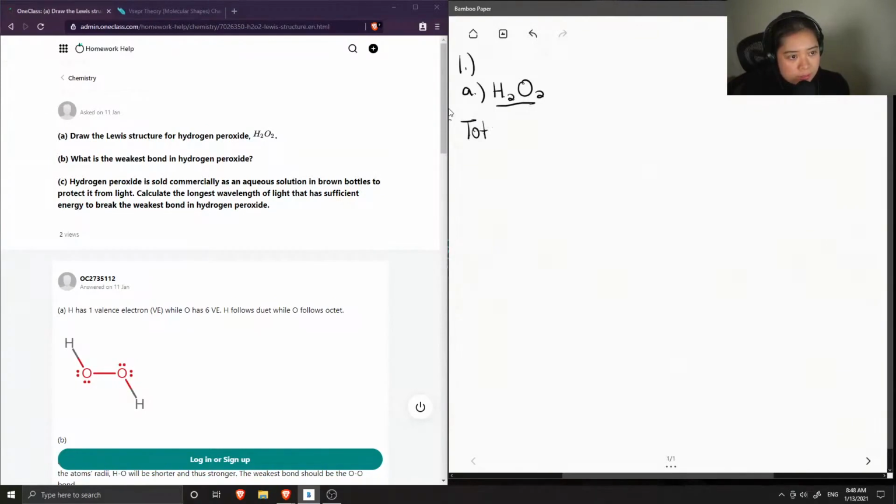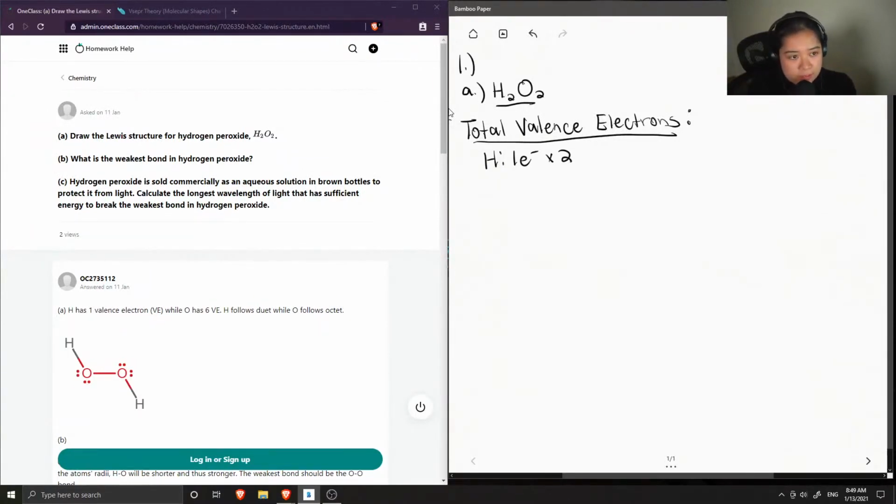And to do so, we're first going to calculate the total number of valence electrons in the molecule. Okay, so hydrogen has one valence electron, and there are 2 hydrogen atoms, so we multiply this by 2.